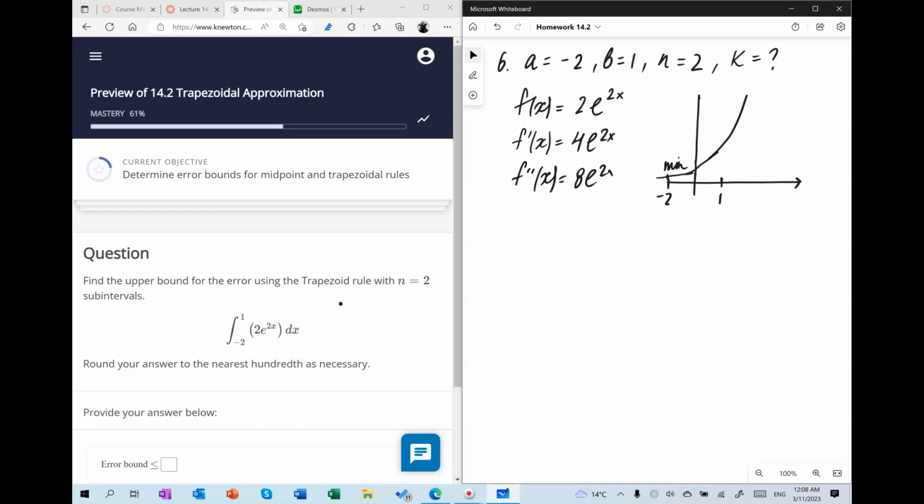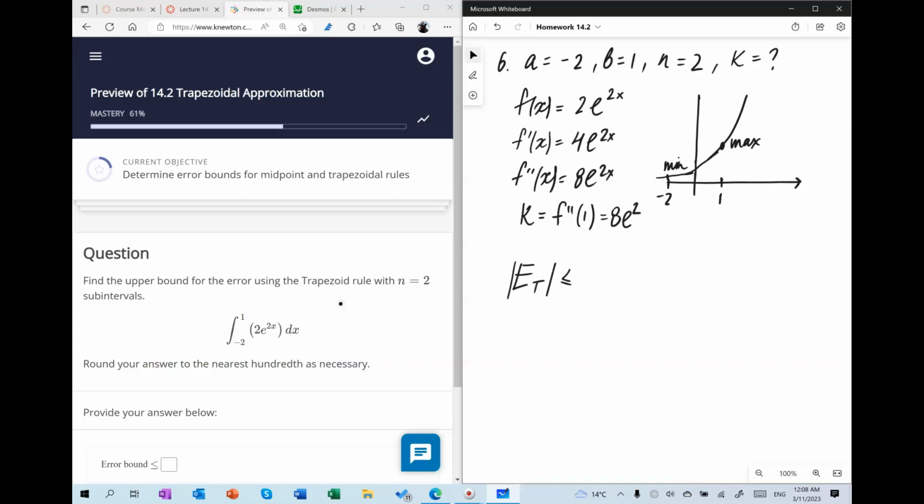And on the right, it's going to obtain its maximum. So it does make sense to set k to be equal to the second derivative at 1, which is 8e squared.